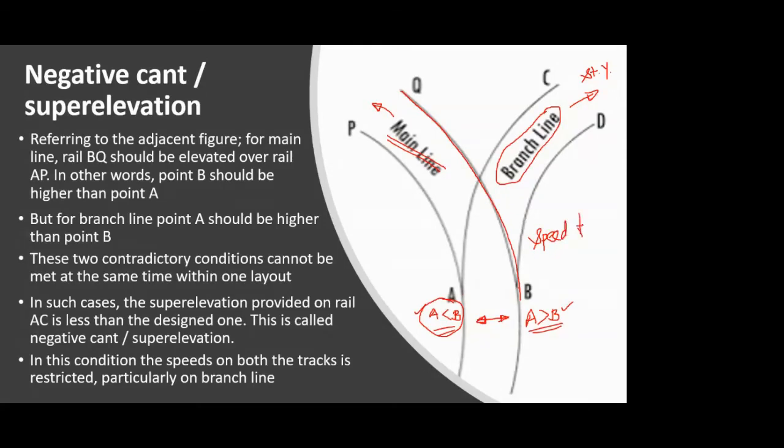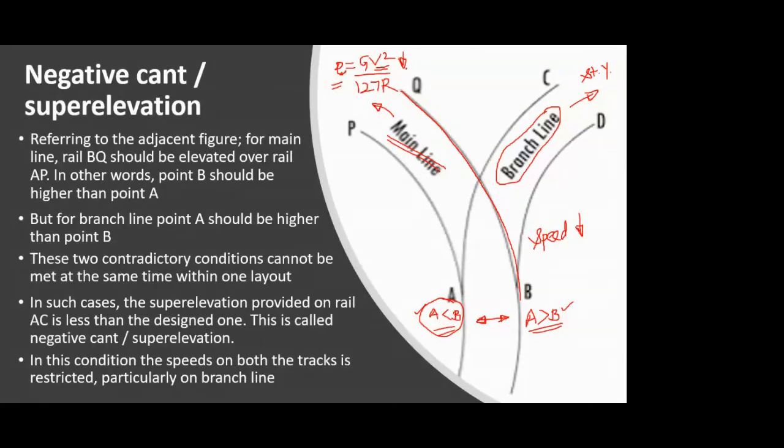That's why the formula of superelevation was so important: E is equal to GV square upon 127 R. Whenever you face a dilemma about what superelevation needs to be provided, the speed is simply reduced.